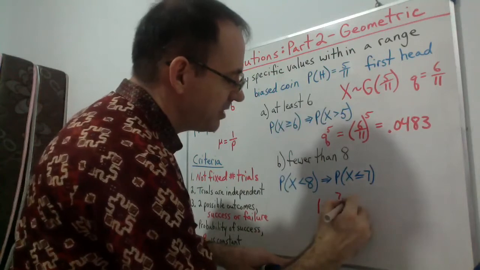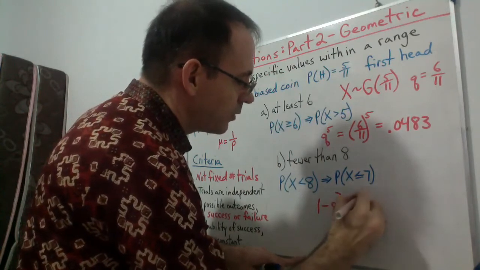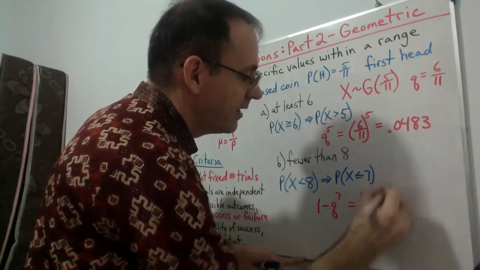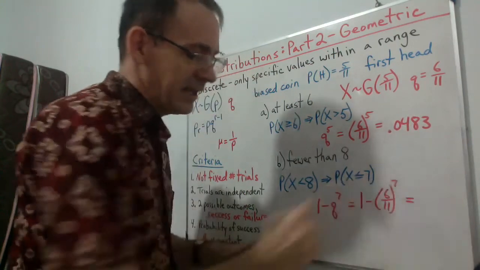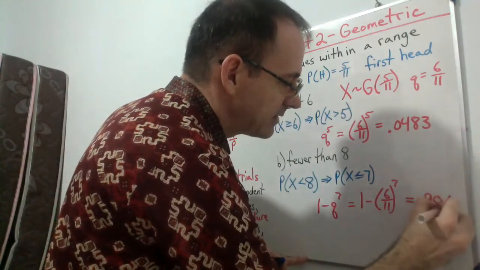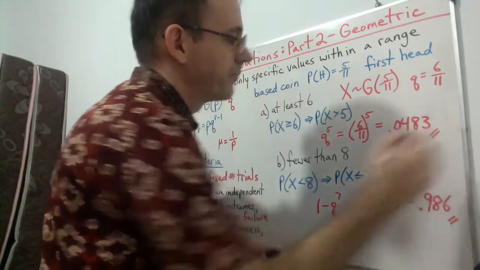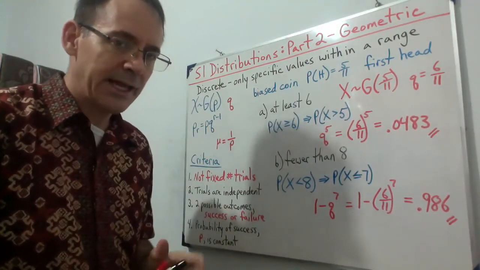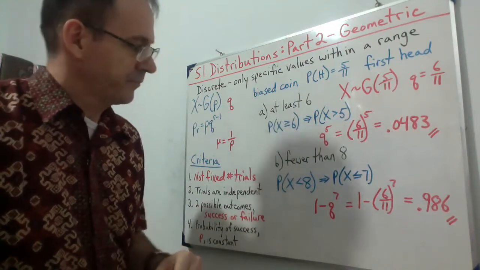So 1 minus q to the 7th equals 1 minus 6/11 to the 7th power, and you calculate that, and you'll get 0.986. So there again is a little bit of mental play that you have to work with.